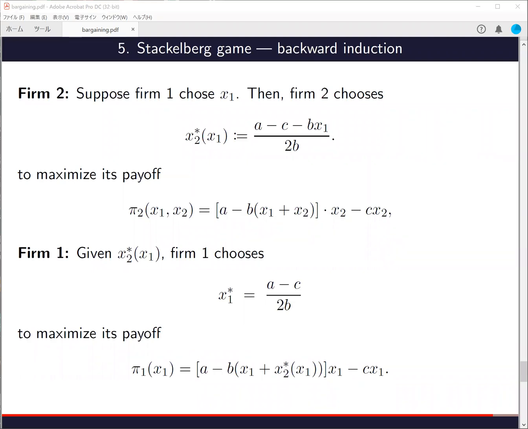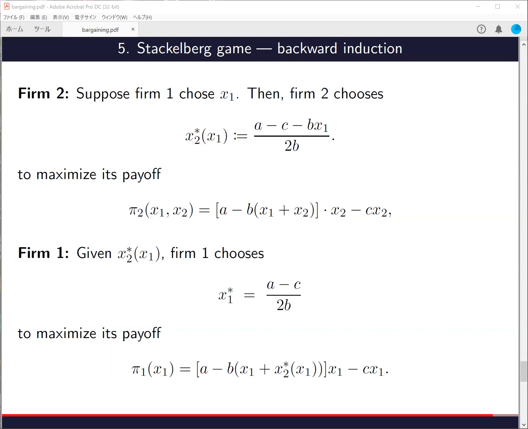We solve this game by backward induction as usual, and start with firm 2's problem that pins down the best response of firm 2 for each possible output of firm 1. Taking the first order condition of firm 2's profit with respect to x2 for a given level of x1 gives the best response of firm 2 for each possible value of output x1.